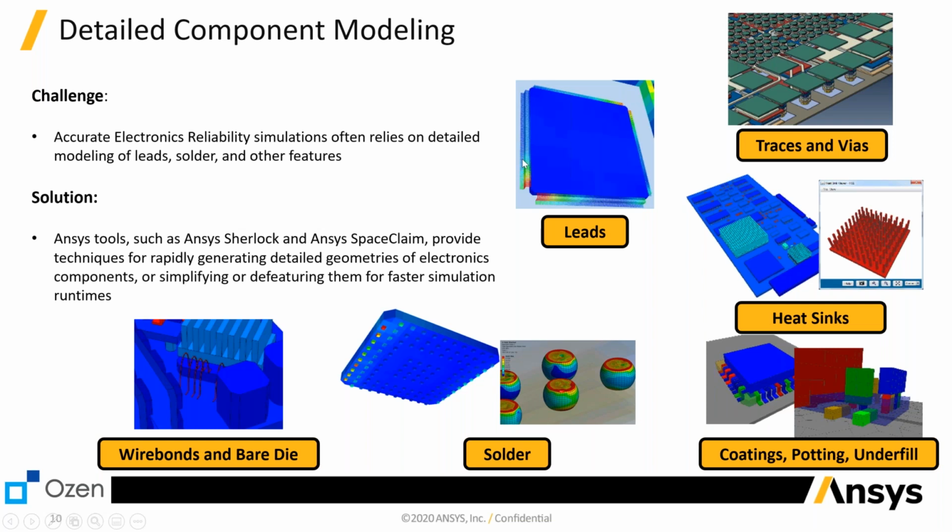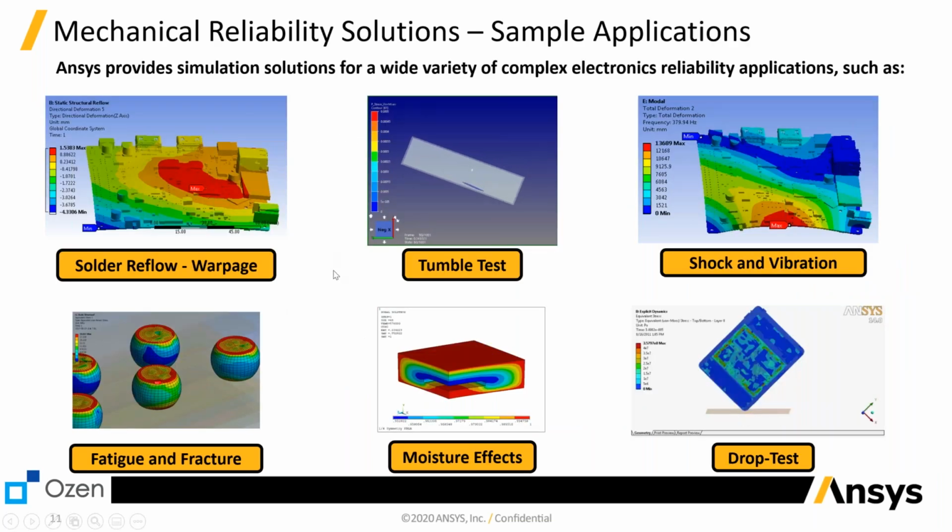And the leads here, similar to wire bonds, there are hundreds of leads, but we can model all of it one by one. And of course, traces, vias, heat sinks with all the greater details, and underfill.